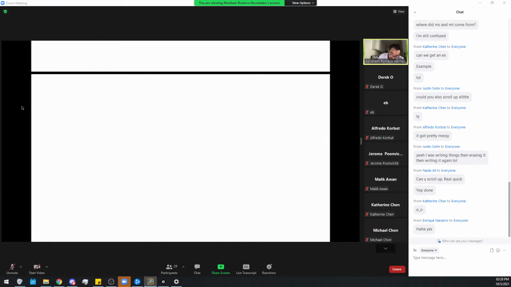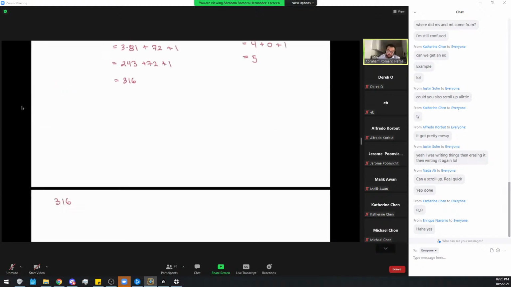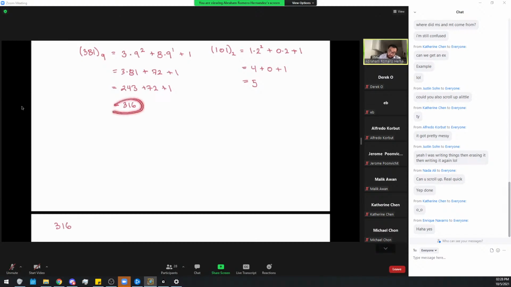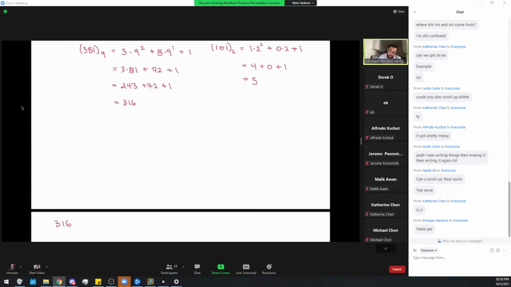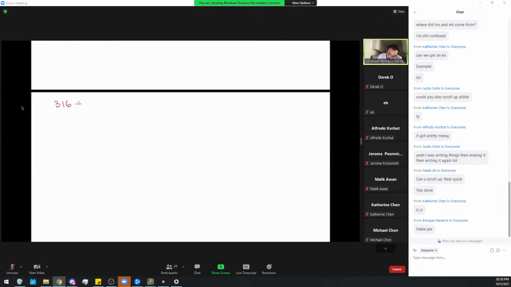So suppose we have 316 and we want to go back. I want to show that this goes back to 381. So all we have to do is divide that by 9. So what's 316 divided by 9?